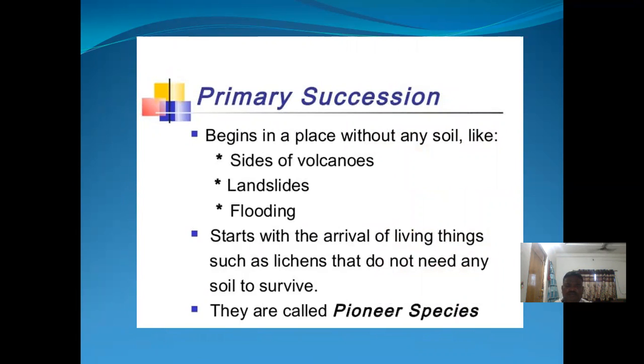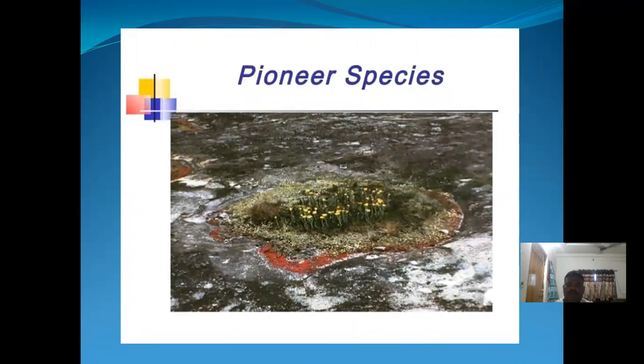It begins in a place without any soil, like the solid lava of volcanoes, landslides, or flooding. It starts with the arrival of living things such as lichens that do not need any soil to survive. They are called the pioneer species. See the photograph of pioneer species.